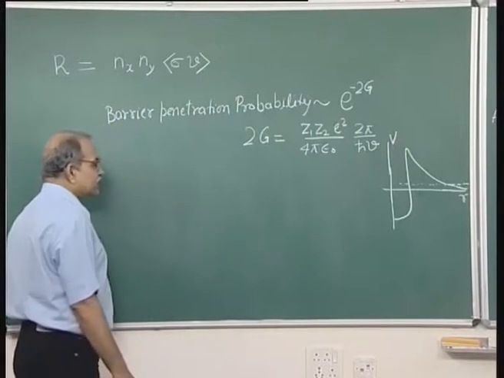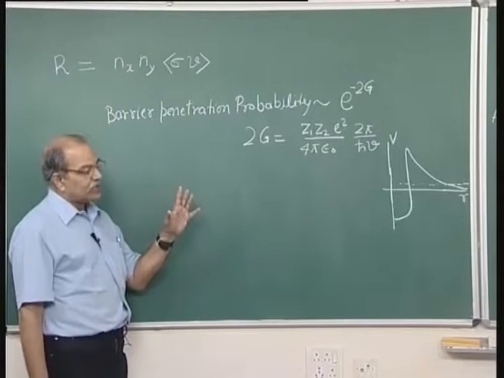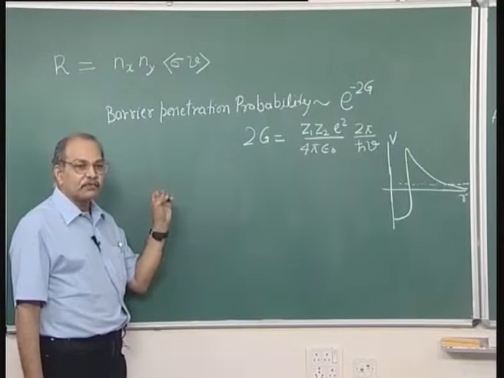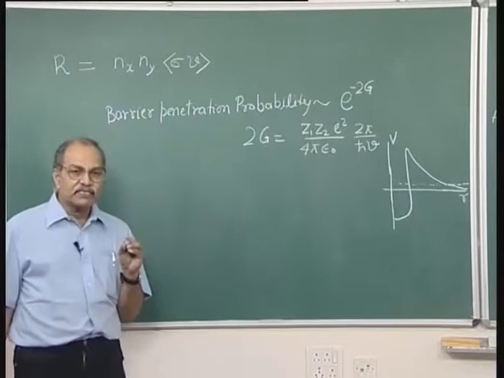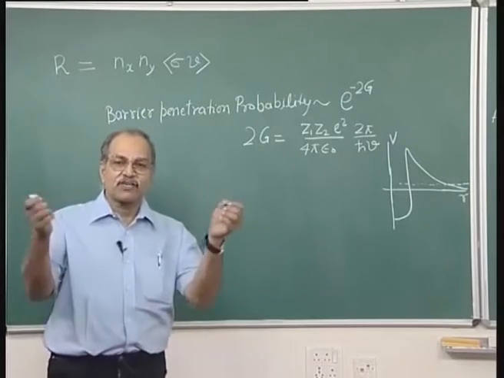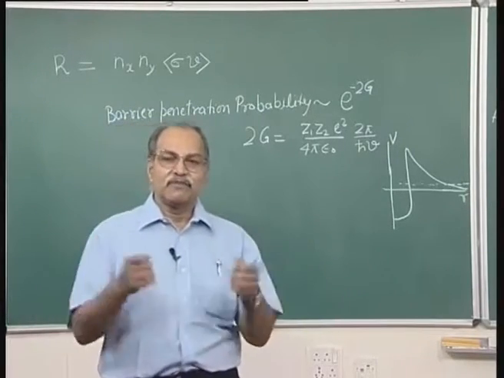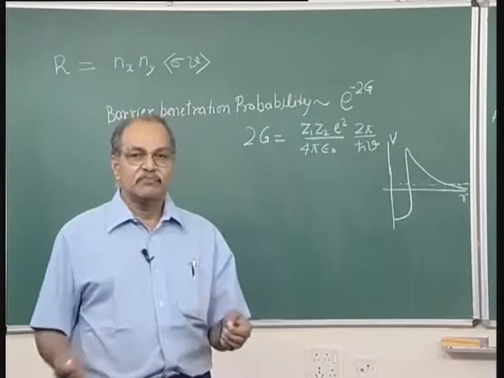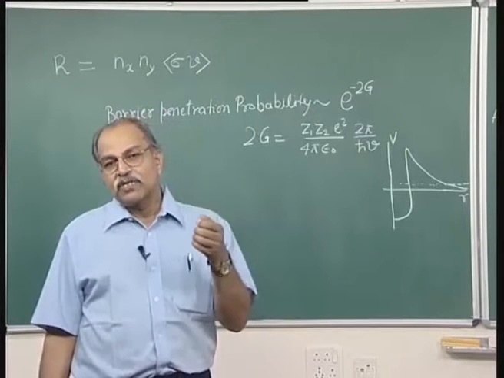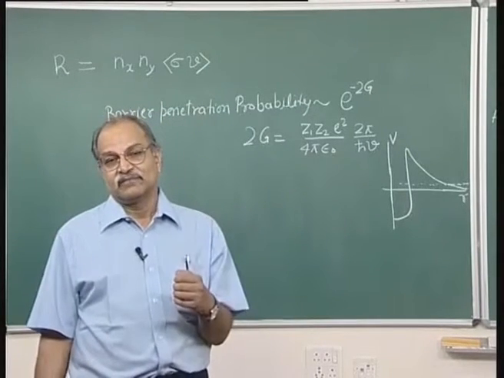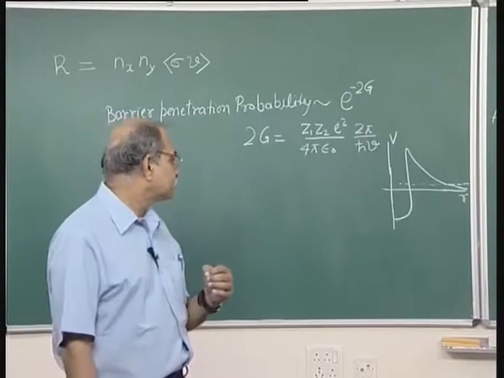Now, another dependence, apart from the barrier penetration and Coulomb potential, is that for low energies, in any nuclear reaction, there is a velocity dependence proportional to 1 by v squared. I will justify that also.